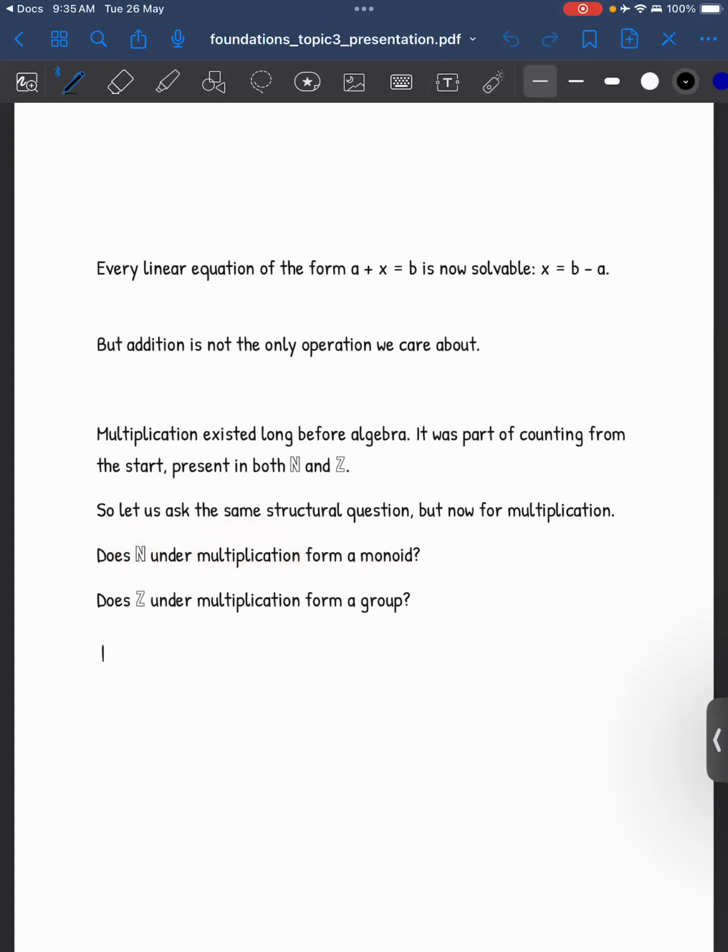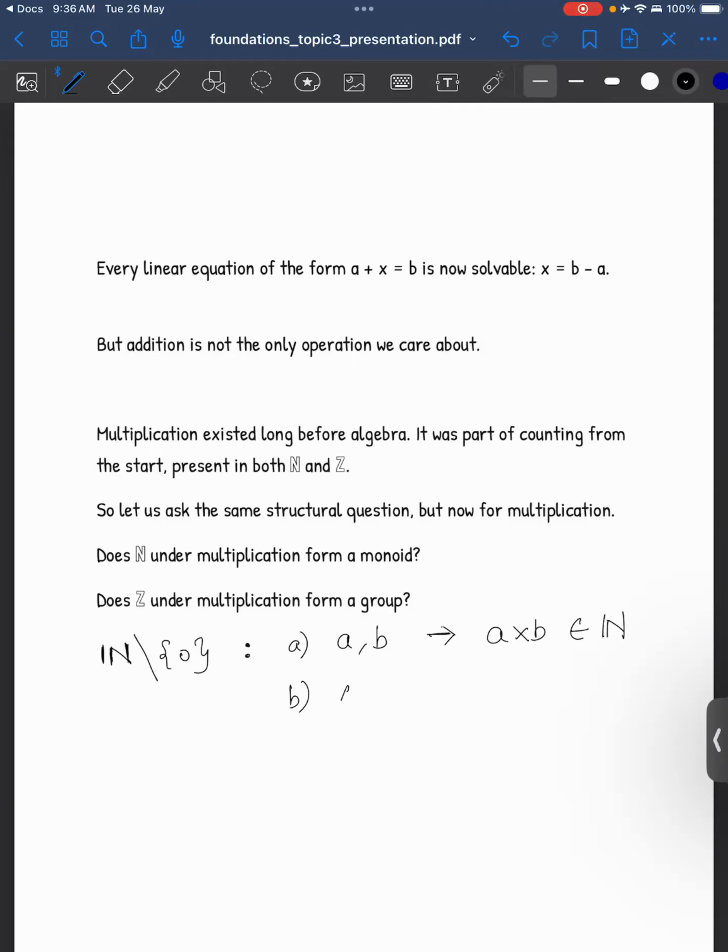If we see natural numbers without the identity element 0 of addition, then it is easy to see that it is indeed a monoid. So if you take two natural numbers and you multiply them, a times b always is a natural number.